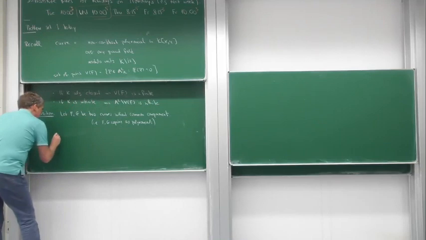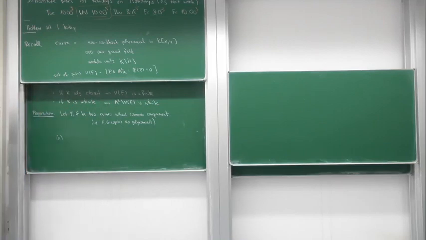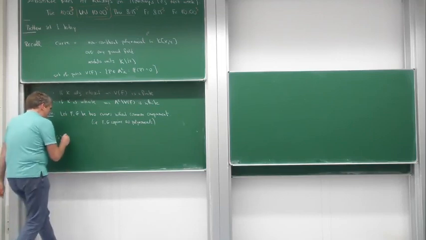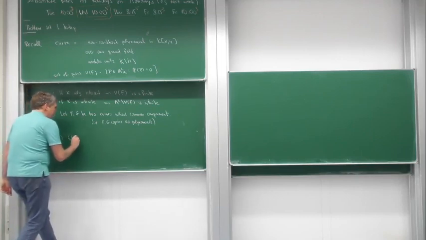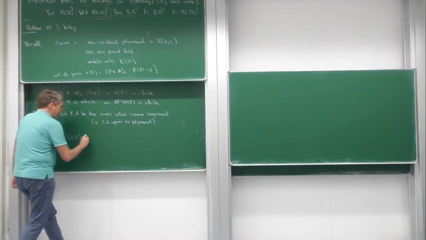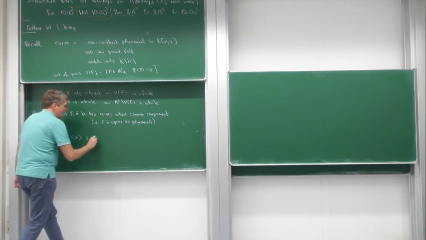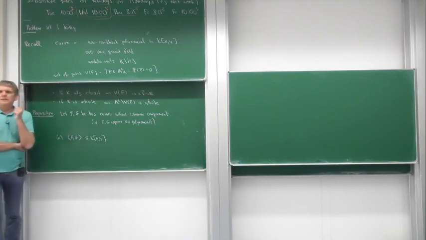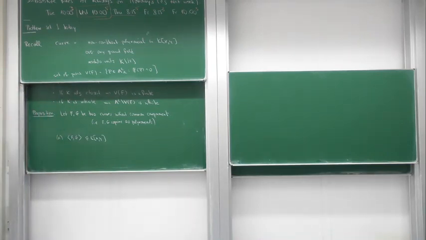And then there are two statements. The first one, an auxiliary statement, but we'll need this later on, is that the ideal of f and g in the polynomial ring does contain a non-zero polynomial that depends only on x.